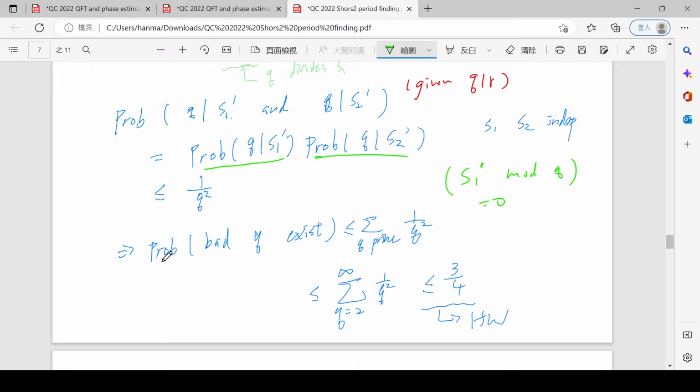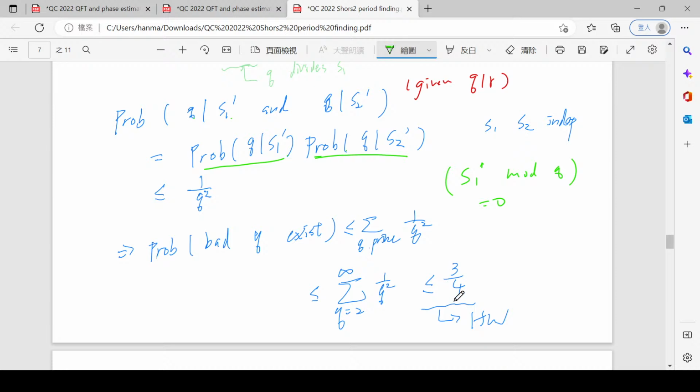We just look through every prime. Obviously, if you look through every prime, that will go through every prime factor of R. So we just do a union bound of this thing happening through every Q, and that's the summation over every Q of 1 over Q squared.